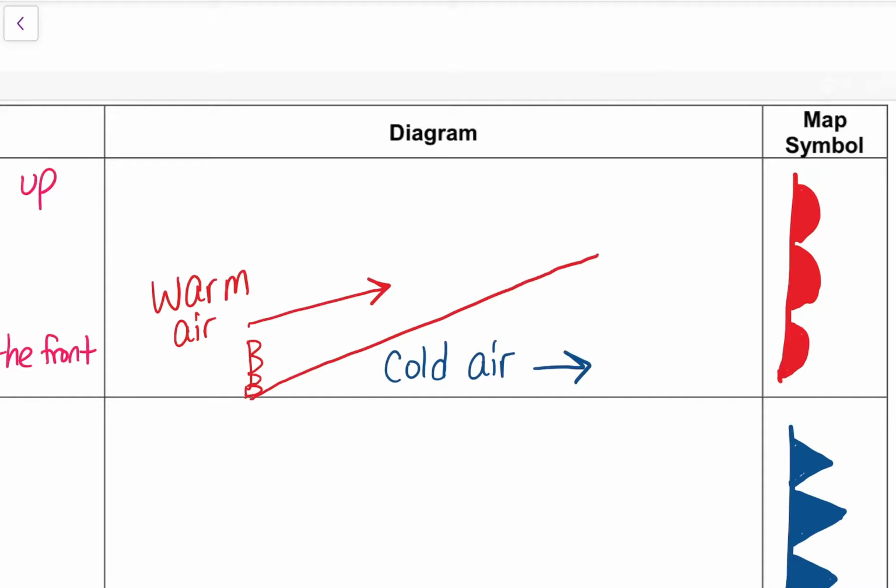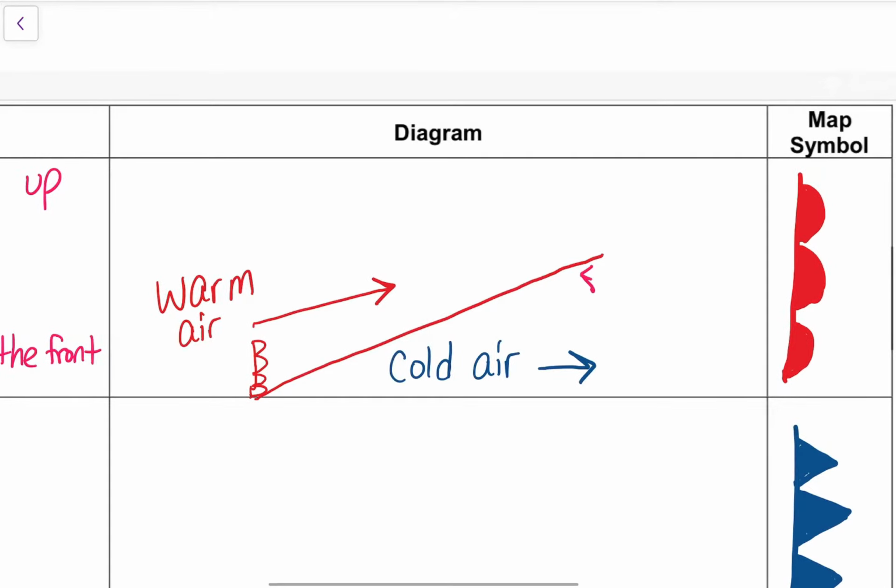Notice the arrows, both the warm air and the cold air are moving in the same direction. And like I said before, notice the slope is very gentle.